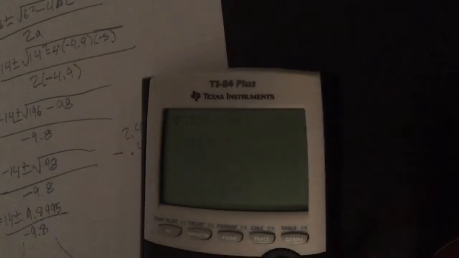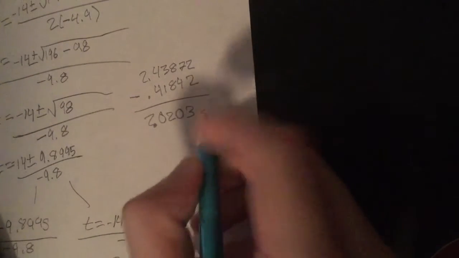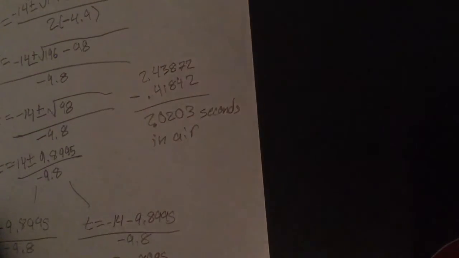So we're going to do 2.43872 minus 0.41842, and that gives us a time of 2.0203. So that is 2.0203 seconds in air.